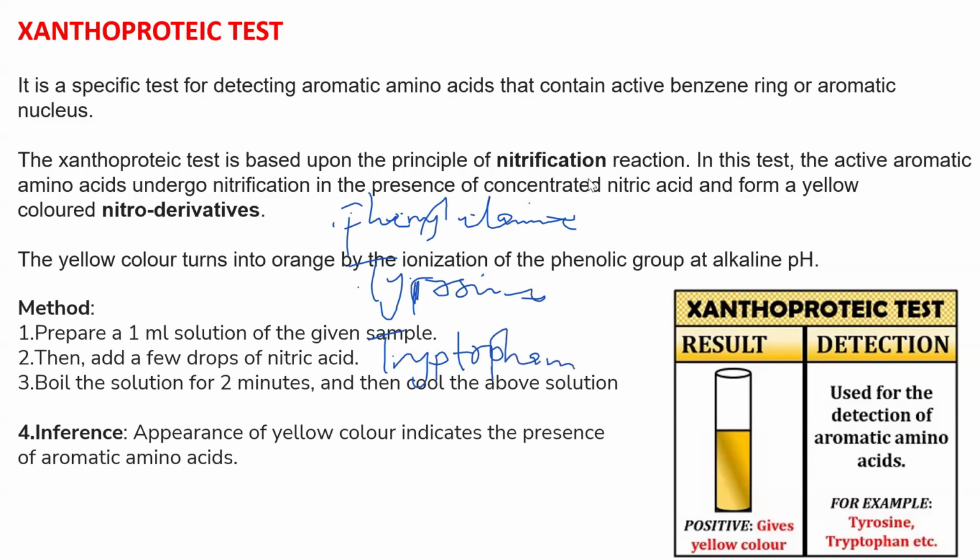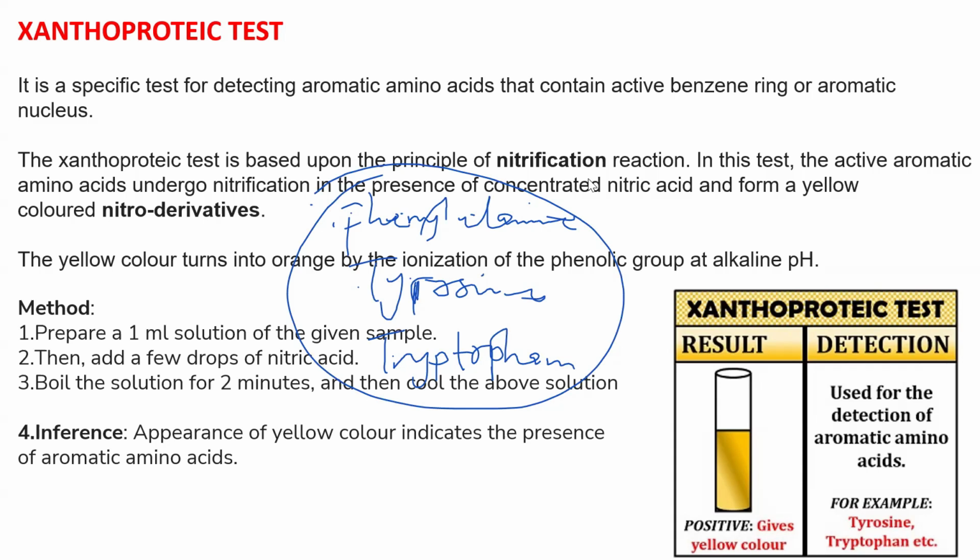So these are the aromatic amino acids. The xanthoproteic test is specific for aromatic amino acids, that is, those amino acids that contain a benzene ring or benzene nucleus.